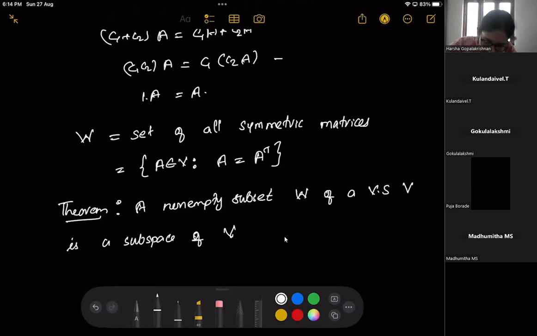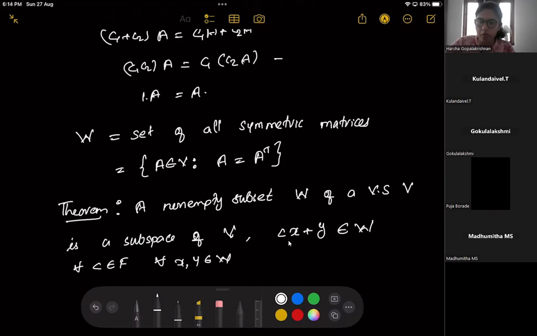The condition is Cx plus y belongs to W, for all scalar C in F, where V is the vector space over F, and for all x, y in W. If this condition is satisfied, then we can say W is a subspace of V.